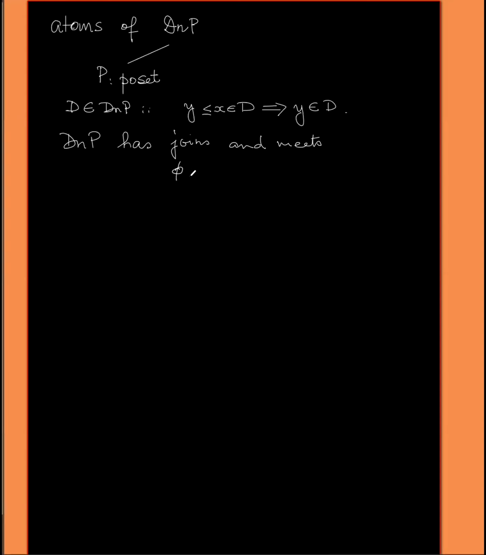This is the smallest downset and P itself is the largest downset. And finally, what is an atom?